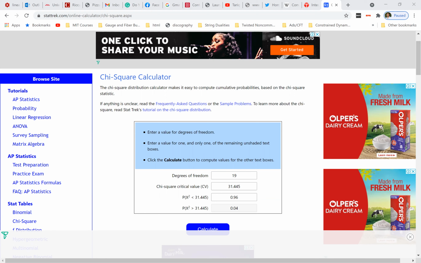So that means they have to monitor and make sure that the variance in thickness does not exceed this value, 2.25 millimeters square.